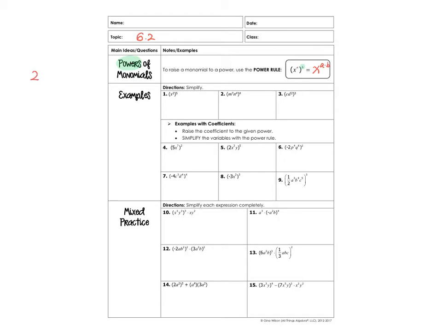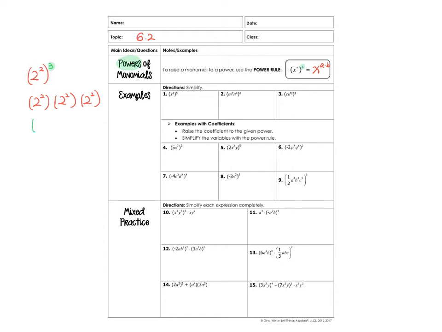If I do 2 squared, I raise it to the power of 2, then I raise it again to the power of 3. So isn't this saying it's 2 squared multiplied by itself 3 times? That's how I rewrite the power of 3 there, right?